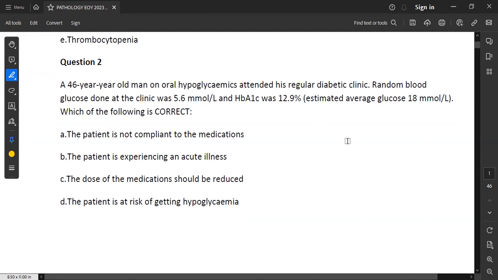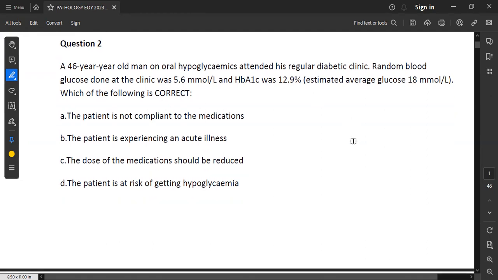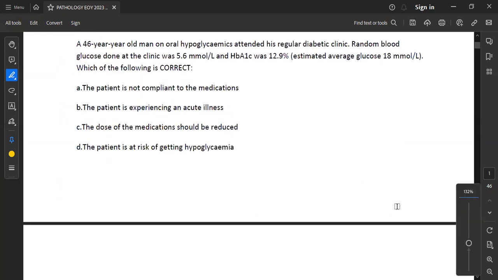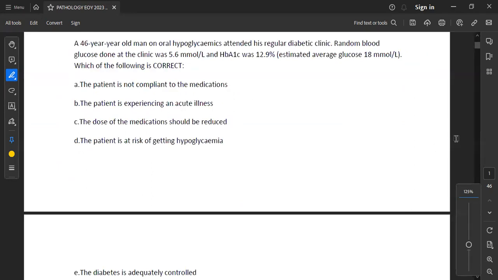So let's start to eliminate. What's the answer here, guys? What do you think is the answer? It's A. The patient is not compliant to the medications. As we can see, the random blood glucose is in the normal range, but the HbA1c, the 3 months control, shows that it's high. So this person is not compliant to the medications.